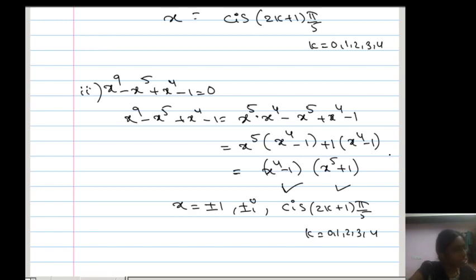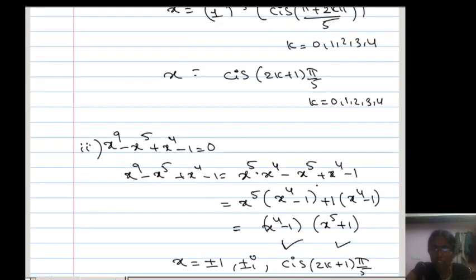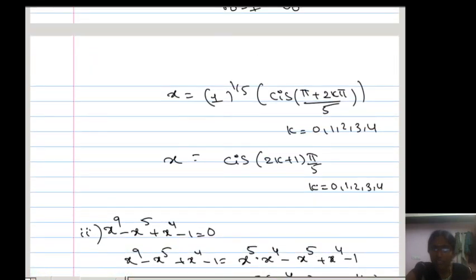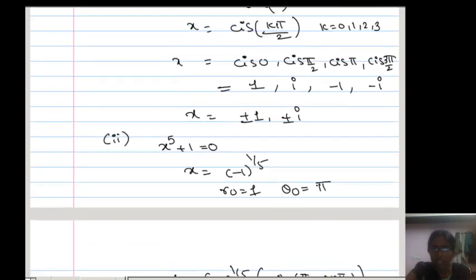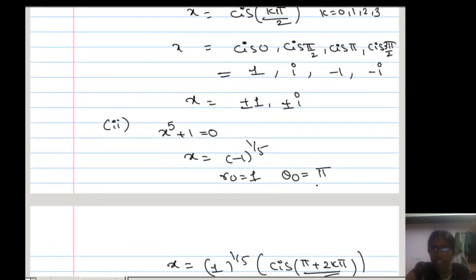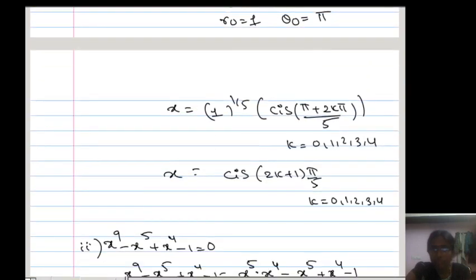So if you take k equal to 0, this is pi by 5. If k is equal to 4, 4 into 2 plus 1. So I think you got some combined equation. Here you can observe this pi.